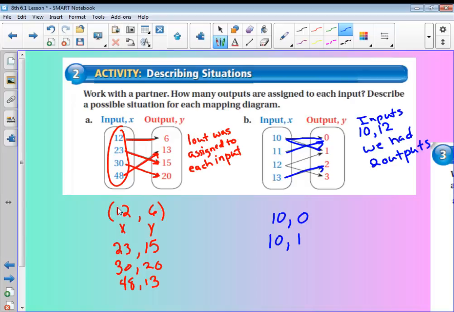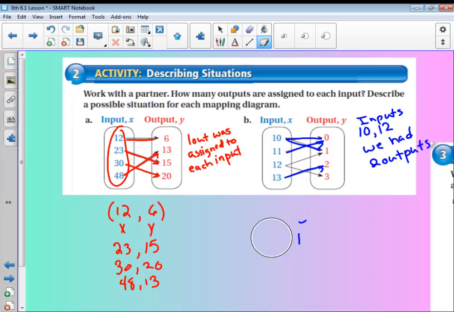Okay, so in this situation, two of the numbers had two outputs and two of the numbers had just one output. So where's the situation where this might occur? Maybe let's go back to the basketball reference. I was going to say we could say it was the number of points somebody had, but player 10 couldn't have 0 points and then 1 point.